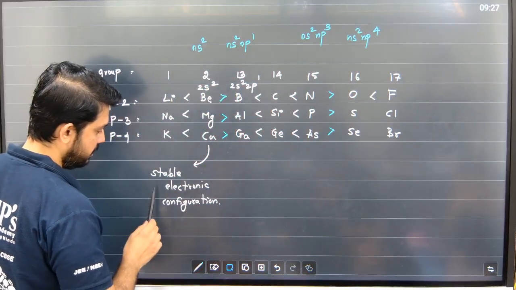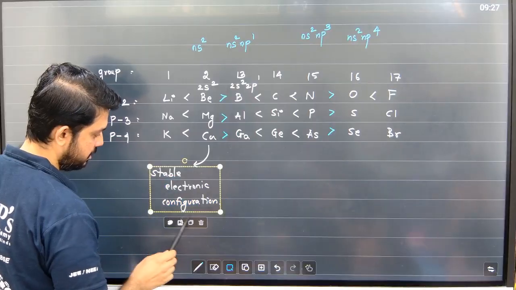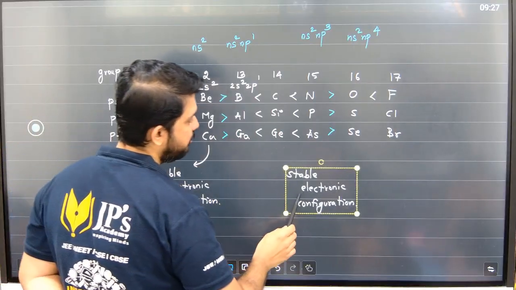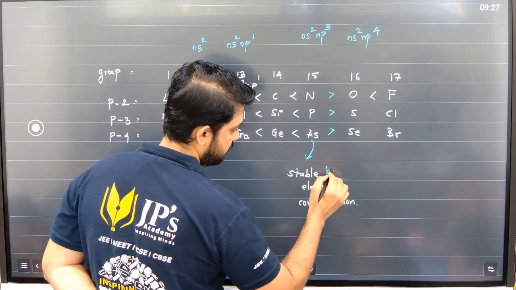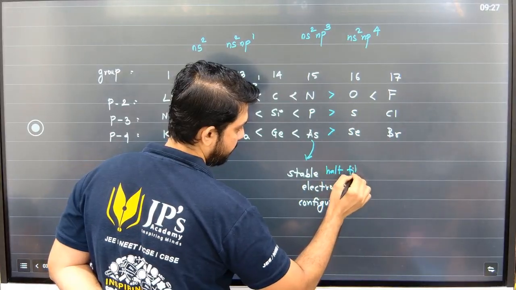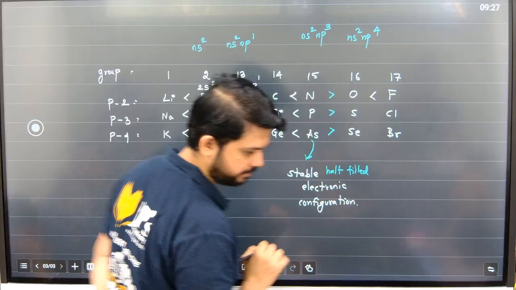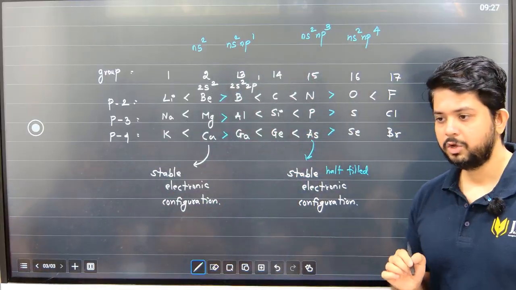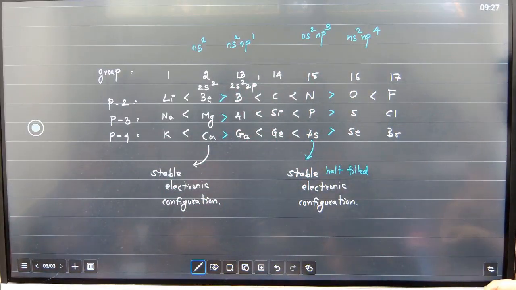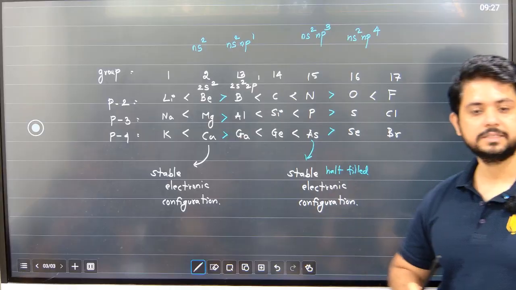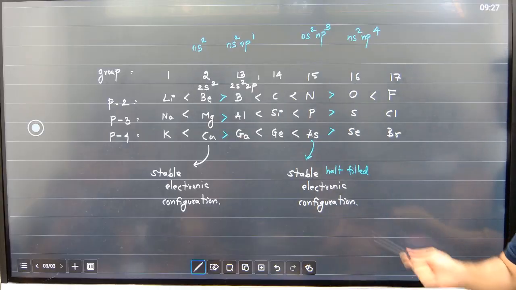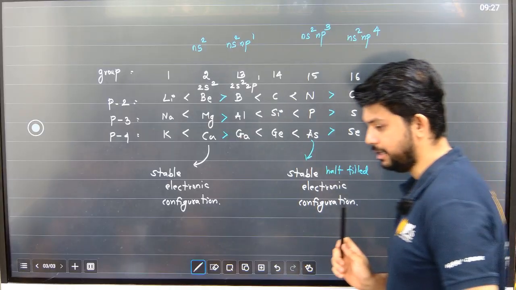They have stable half-filled electronic configuration. Group 15 elements have stable half-filled electronic configuration, making their ionization enthalpy more than group 16 elements.